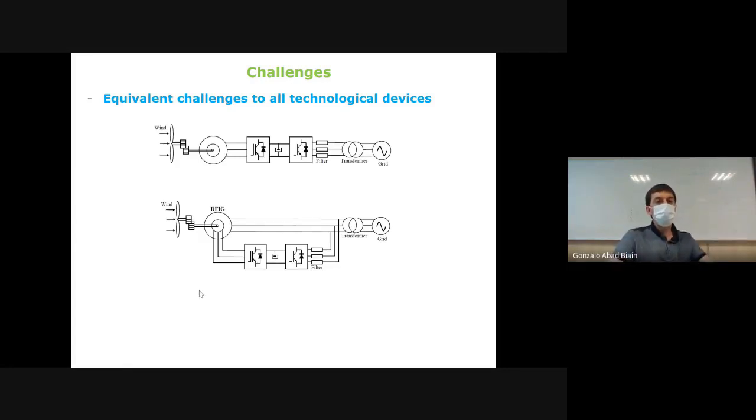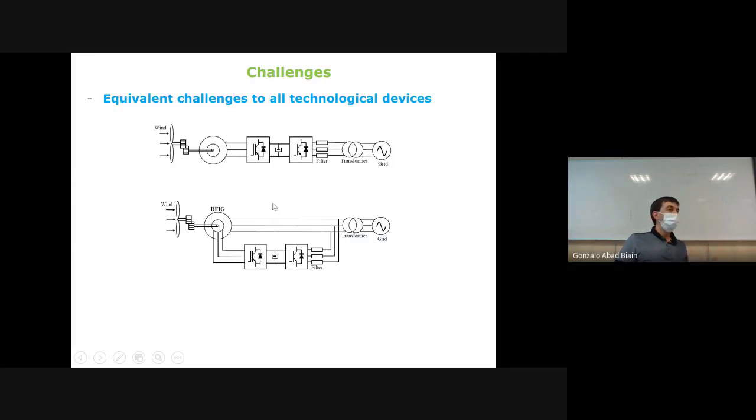And then we were speaking about the specific challenges of wind turbine technology, but there are also some challenges that occur in all technologies. Well, we have seen that nowadays the dominant technologies in wind turbines are these two. These may be for higher power in offshore, but for low power, up to 6 megawatts, maybe this one is more suitable.